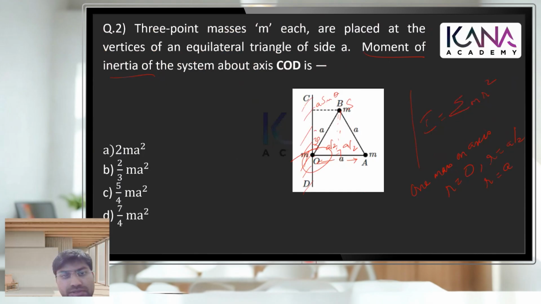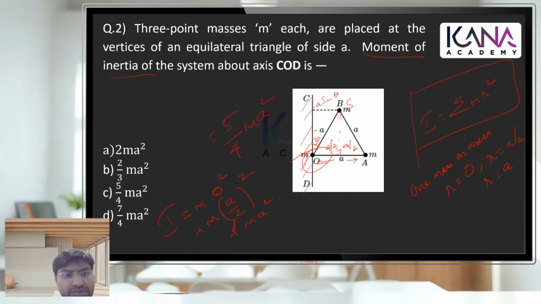So if we substitute in the equation, it will be summation of mass into 0 square plus mass into a by 2 square plus m a square. If you simplify, you will get 5 by 4 times m a square. So you just need to remember that for an equilateral triangle, you find the r values for each mass, then simply substitute.